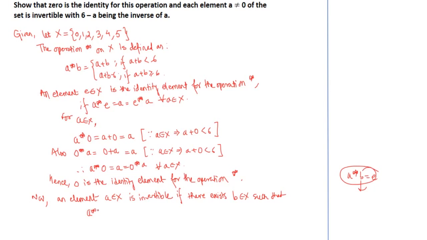So a star b must be equal to 0 because 0 is the identity here, and that should be equal to b star a.